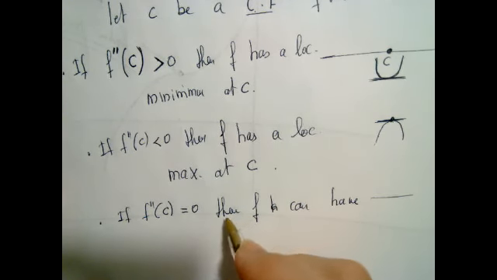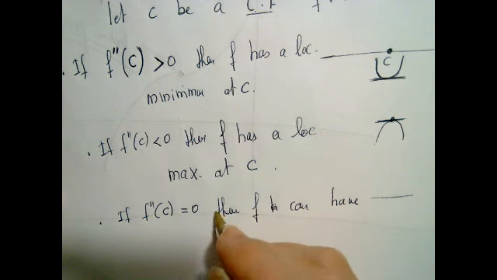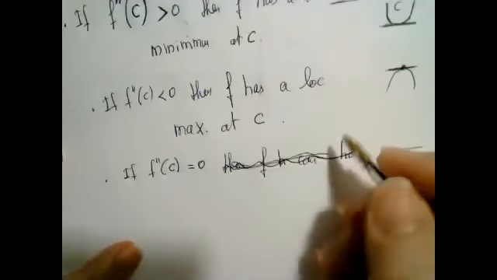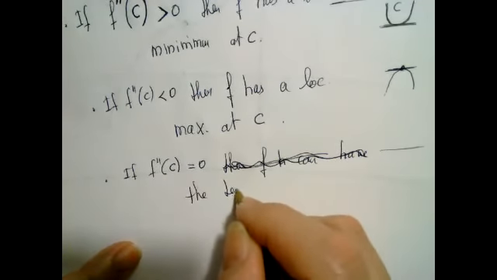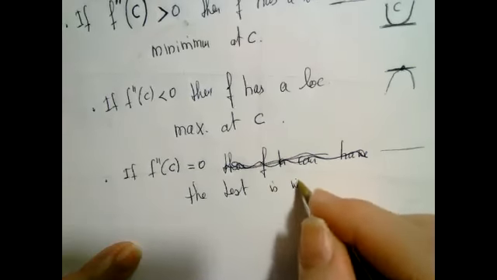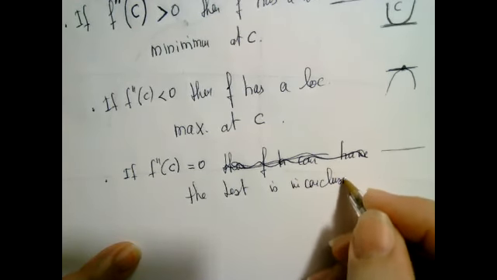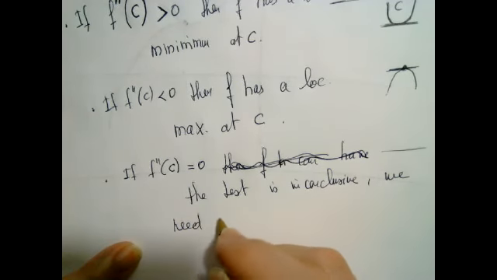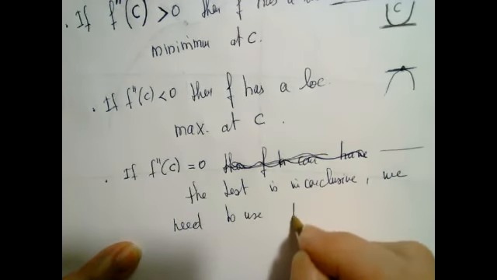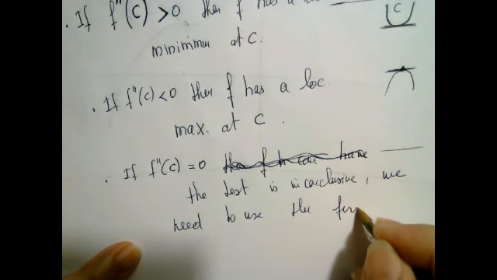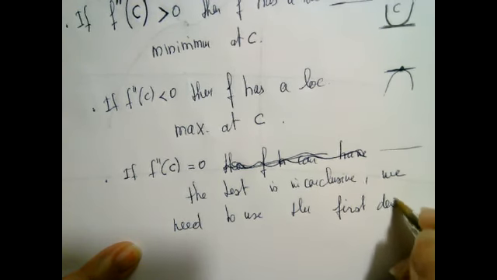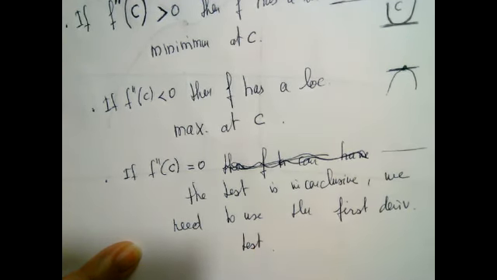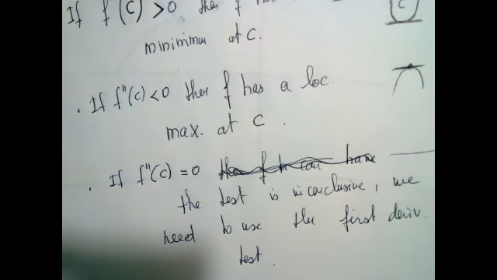Actually, what we're going to say is the test is inconclusive. And what does it mean that the test is inconclusive? We need to use the first derivative test. Inconclusive means the test cannot give me any result. At this stage, it could be a local max, local min, or neither.